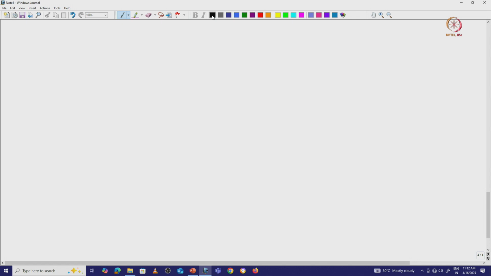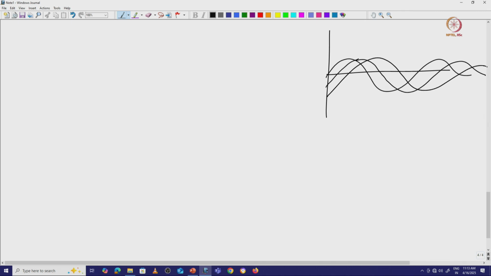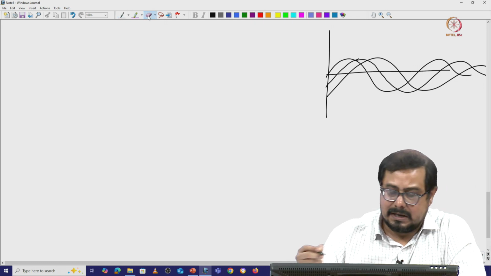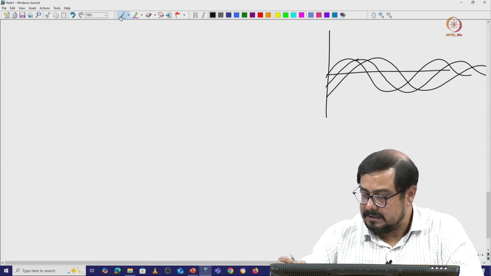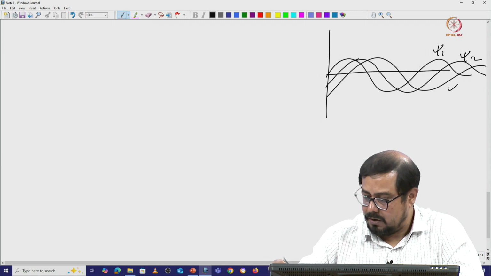In the last class I showed you that there are waves going like that. It is a very simple way, nothing complicated, only one single wave, and when the wave propagates there will be a change like that, and a change like that. You can consider this the position of wave 1, then wave 2, then wave 3.